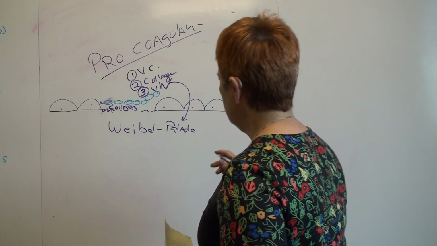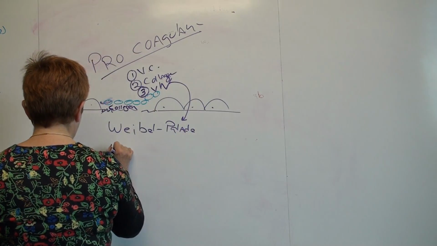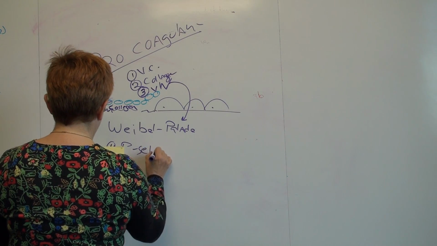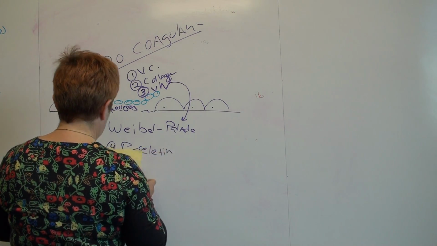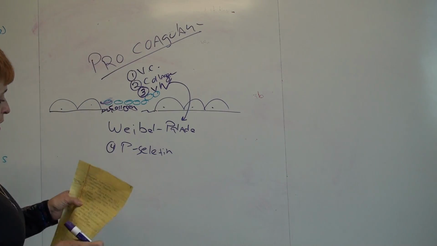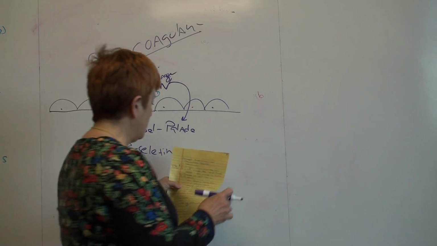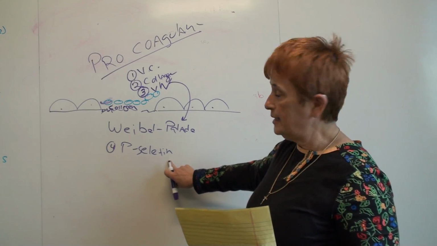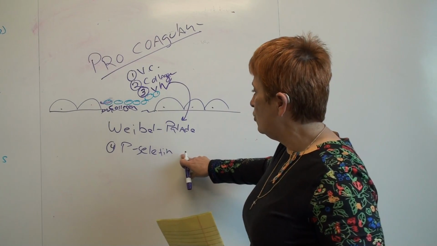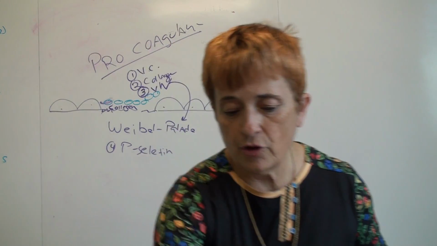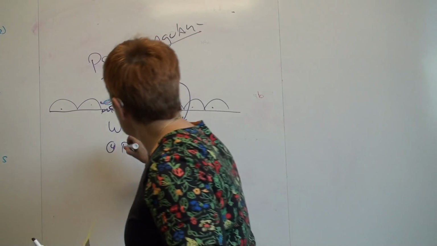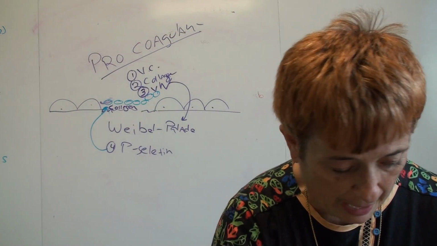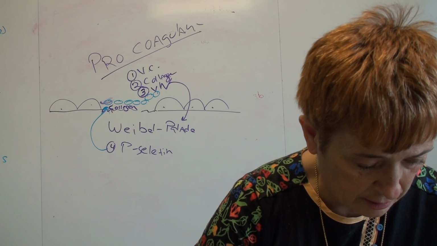Now, the other thing that they have is P-selectin. What it does is promote platelet and white blood cell binding. We want this so that my platelets can come over and be bound to everything.